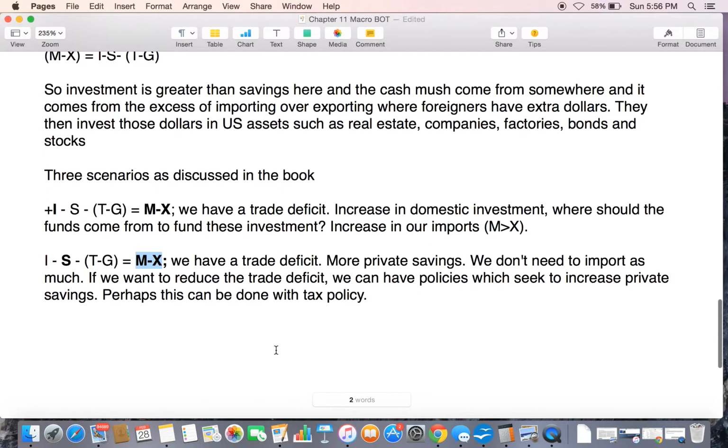So the last thing we want to look at is the third scenario, where the government budget deficit increased dramatically. If the government budget deficit increases dramatically and we have this trade deficit, we might see that it actually causes more of a drag on the trade deficit.